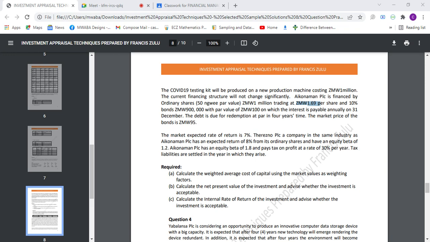Maybe here in the formula, let me put this in the formula: market price of debt.